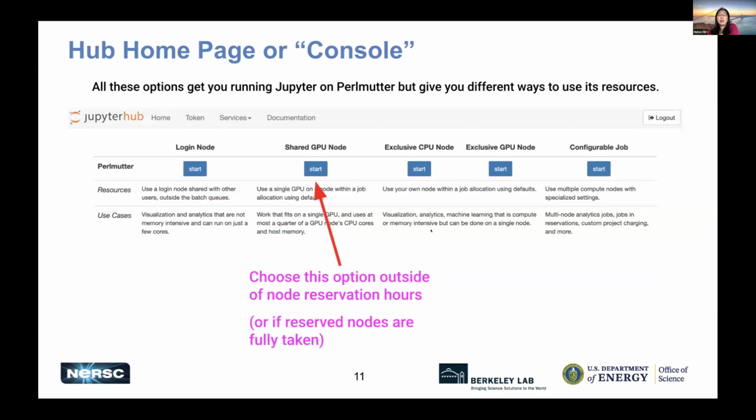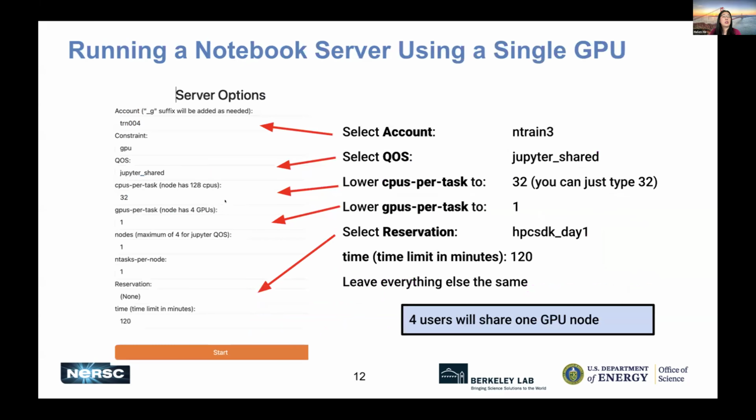During the reservation time, 9 a.m. to 1 p.m., we'll be choosing the configurable job. I'll show the details in the next slide. You'll set a few flags, and then we will get a node immediately. Outside the reservation window, let's use the shared GPU node, so you don't have to do specific settings and no reservation is used, but you get a similar effect of 1 GPU and 32 CPU cores on a GPU node. This is what you need to choose.